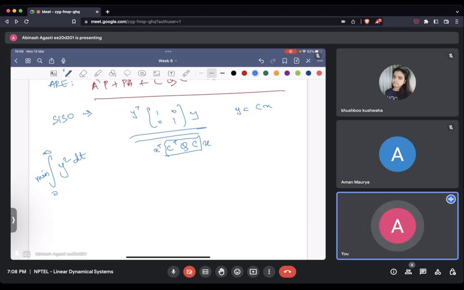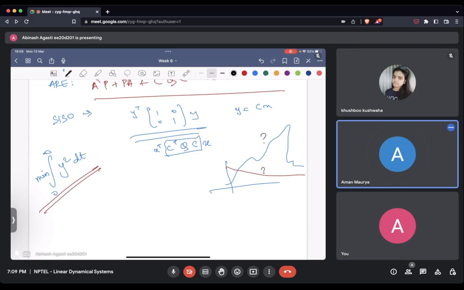The sign need not matter, but I just do not want my y to be blowing up. Let's say I have a y curve given by something like this and another y curve given by something like this. If I'm minimizing y square, which one would be preferable, the blue one or the red one? Red one, sir.